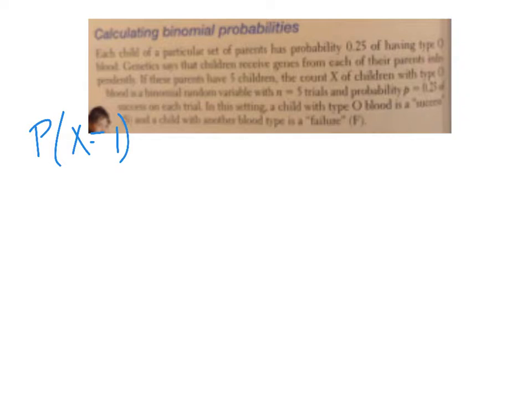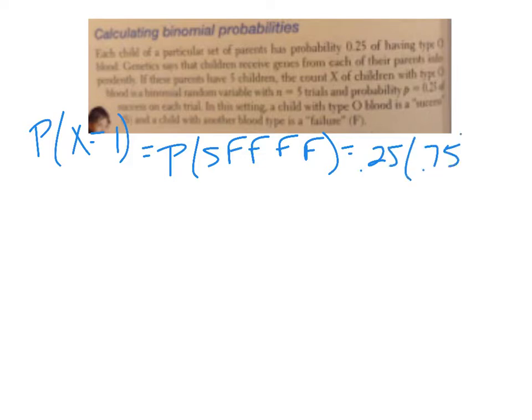It just says that there's one success out of the 5 children. So we could find the probability of a success, failure, failure, failure, failure, which would be a success of 0.25 followed by 4 failures, 0.75 to the 4th power. And so I can figure out what that is.